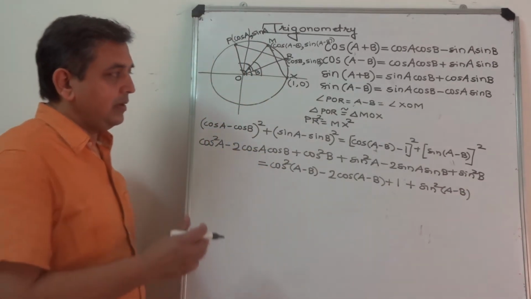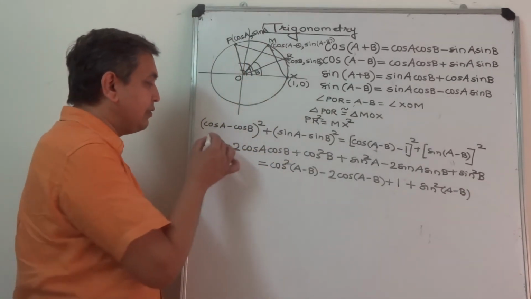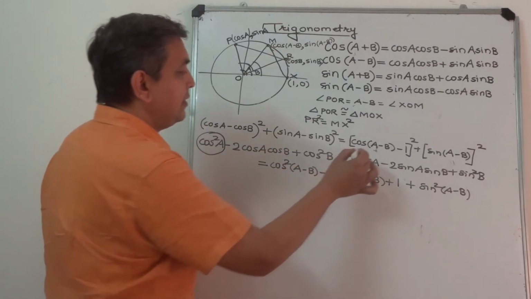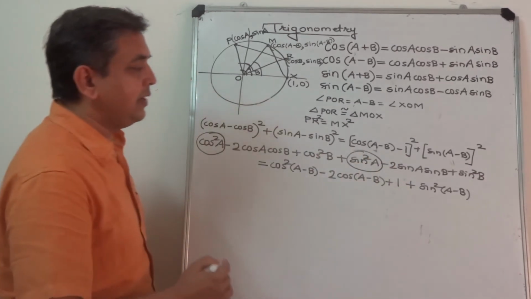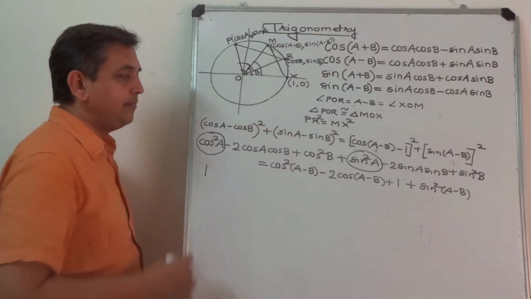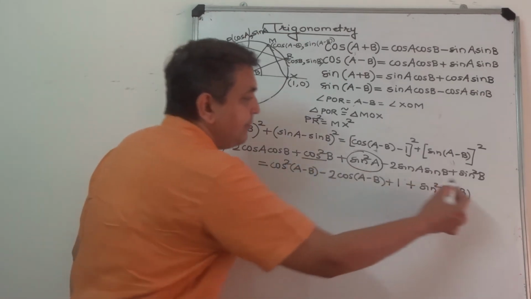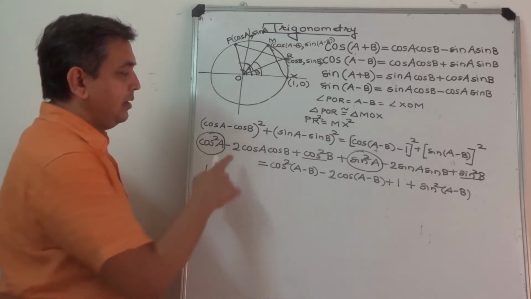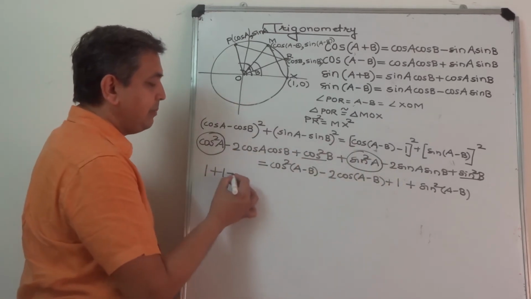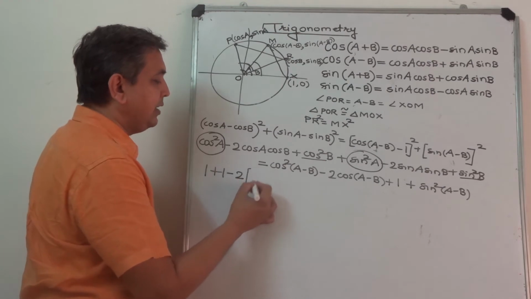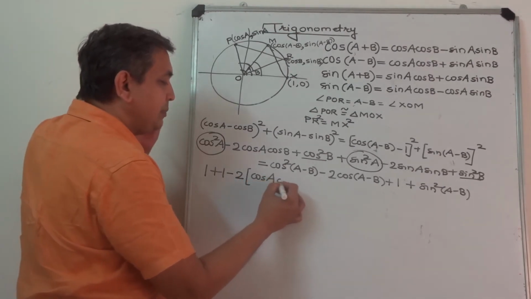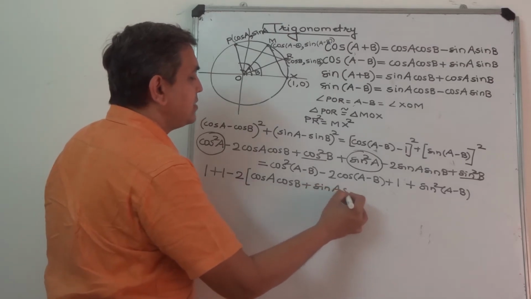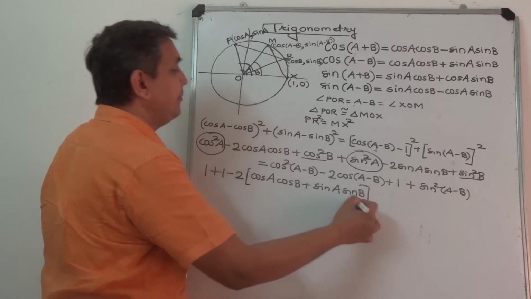Now students, we can use the identity sin square plus cos square is 1. This is cos square A, this is sin square A. Sin square A plus cos square A will be 1. This is cos square B, this is sin square B. So again 1 plus 1. From these two terms we can write minus 2 common, and in the bracket we write cos A cos B plus sin A sin B. Is this clear?